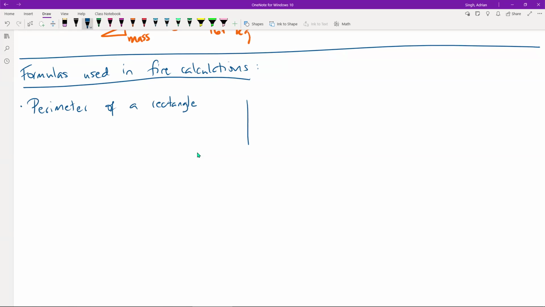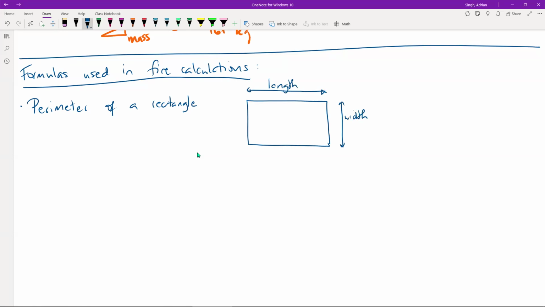If you have a rectangle, typically rooms are either rectangular shaped or something very similar. In a rectangle, we have two sides that are equal to each other and the other two sides that are equal to each other. Usually the longer side is called length, and then the shorter side is the width.